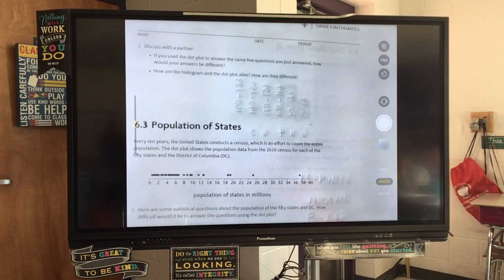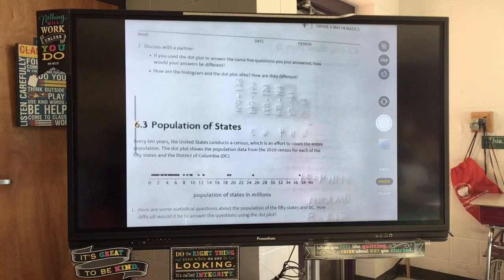Okay, so stand up if you like dot plots better than histograms. So apparently everybody does. No, you don't? Why not? I like the dot plot because you have more in-depth answers. That's what I just said.